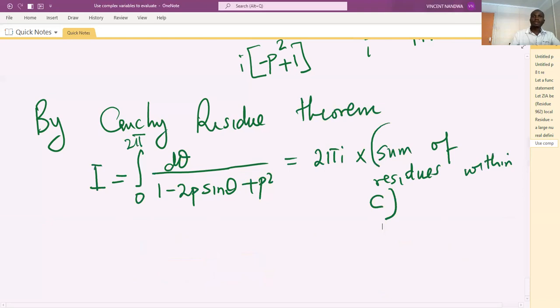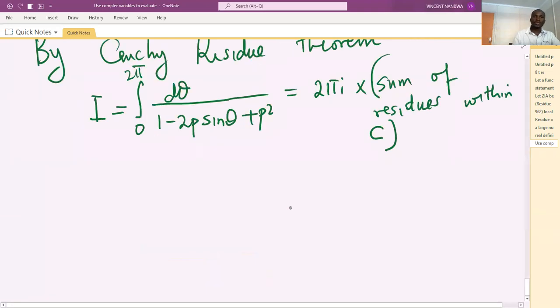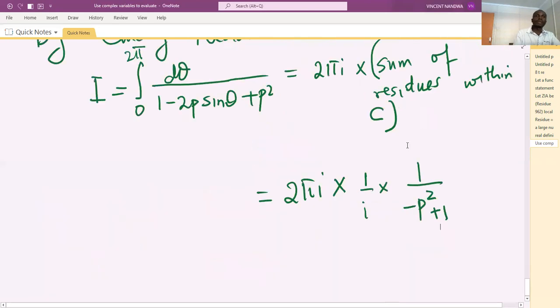Because we just have one, so we'll have 2 pi I times 1 over I times 1 over minus p squared plus 1, this value here. So you see, by doing this, I and I cancels out.